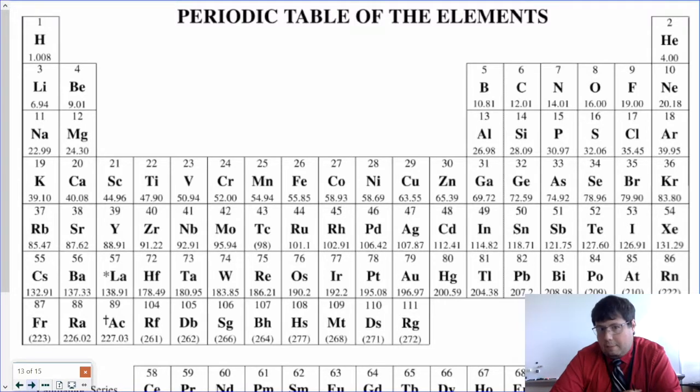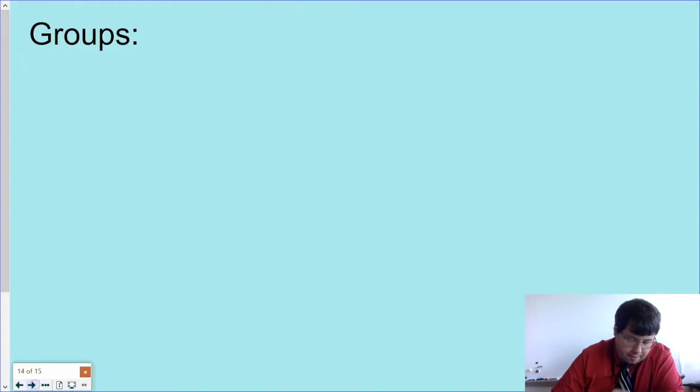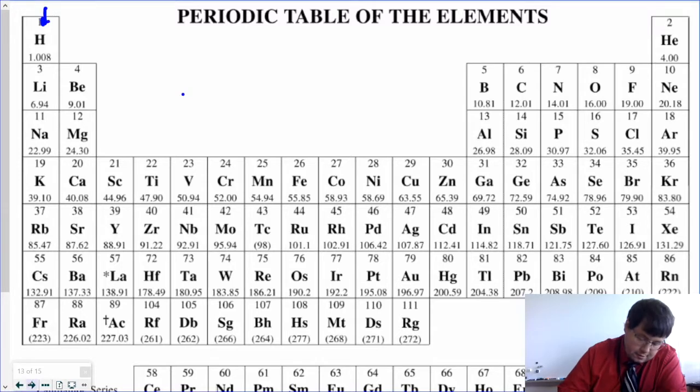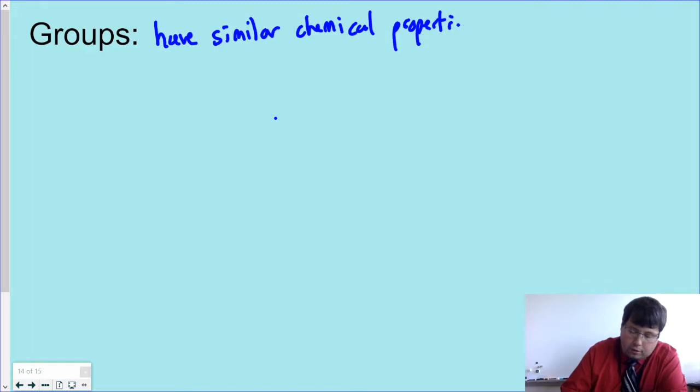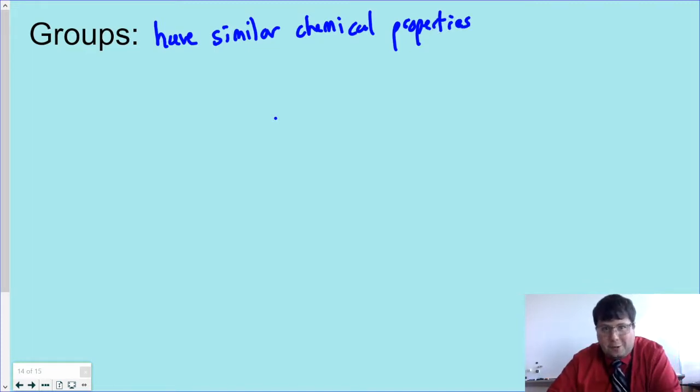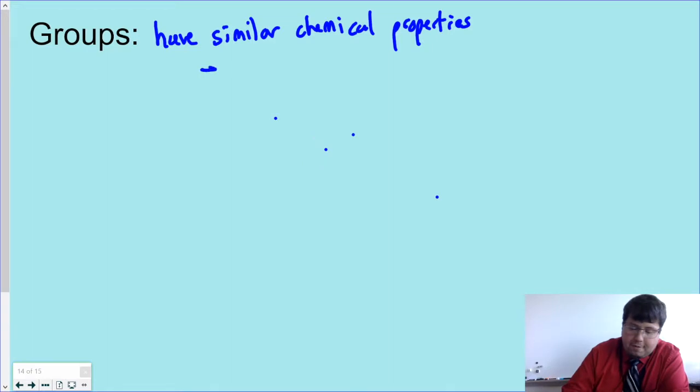Now, speaking of metals and nonmetals, there's one other way that we want to be able to identify elements in the periodic table, and that's based on their group. Now, we're not going to get into group names or anything at this point in the course, but one thing you do want to be able to identify is that elements in a group of the periodic table, which are the columns that we have, have similar chemical properties. And you might recall that groups have these similar chemical properties because they have the same number of valence electrons.